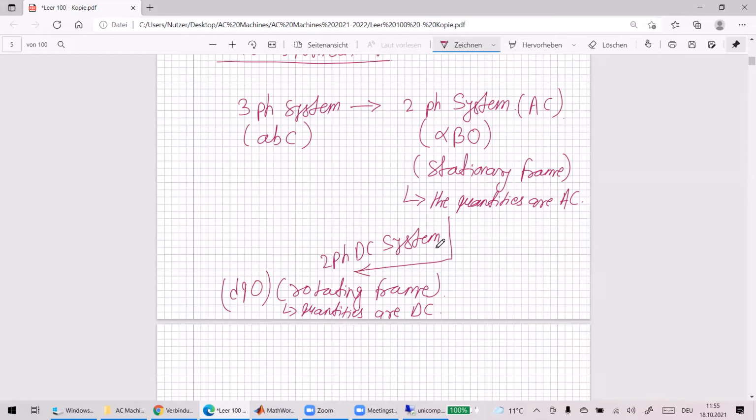So this is called the DQ0 frame, and I would not say DC here. I would like to be careful. I would say fundamental quantities, not DC quantities. That would be perfectly wrong. So we just say fundamental quantity.